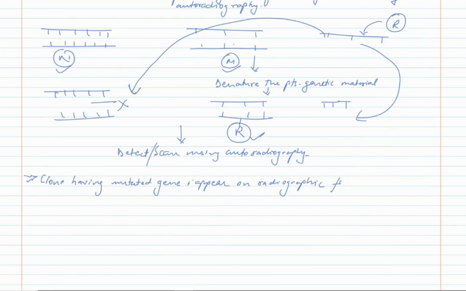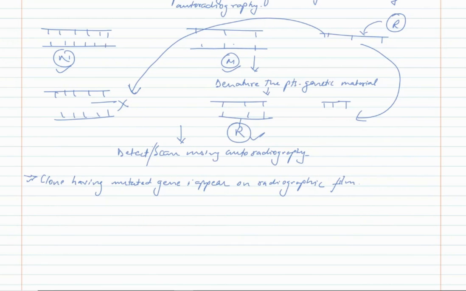In this case, we have taken a probe which was complementary to the mutated gene. If we take a probe that will be complementary to this normal gene, it will not be detected on the radiographic film because we are now taking the normal gene.